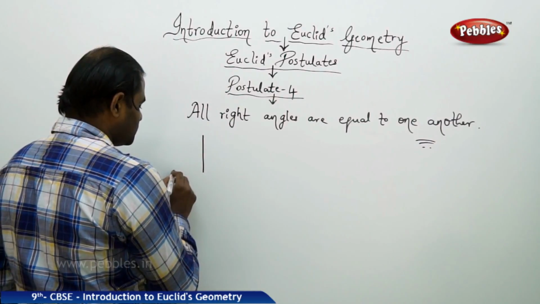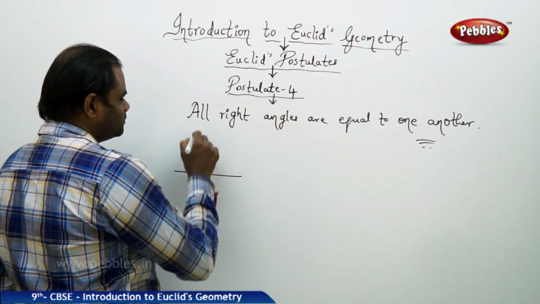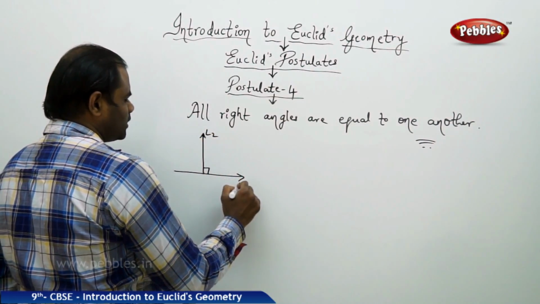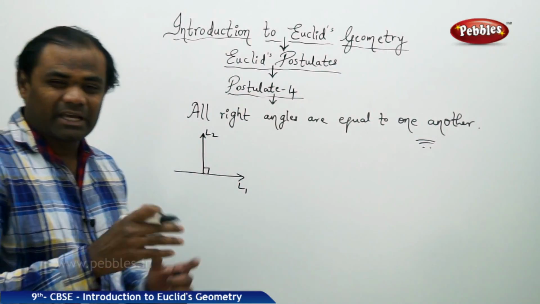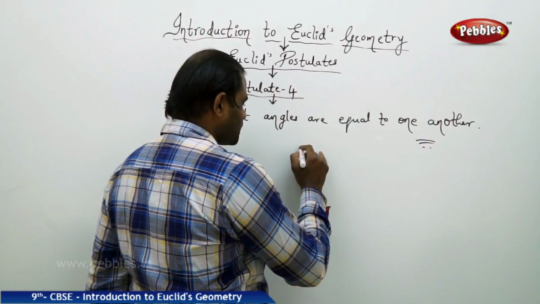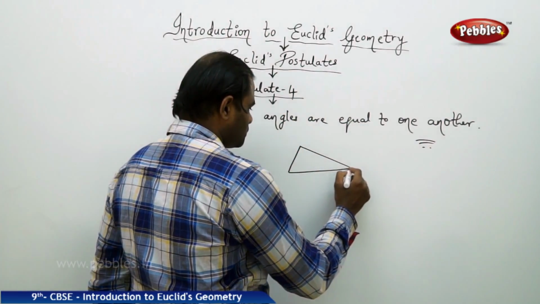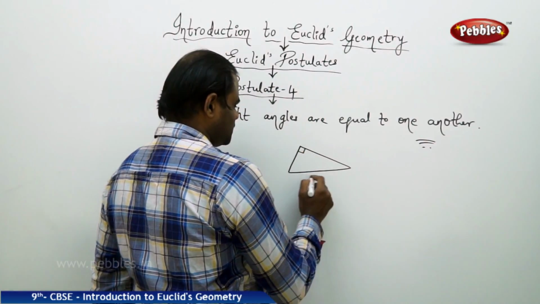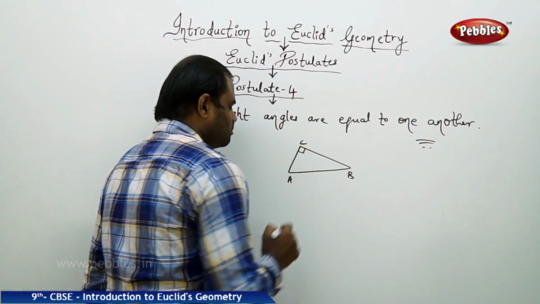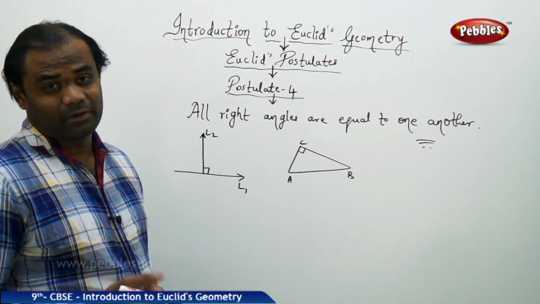Let me take a right angle which is measured here between the lines L2 and L1. Let me take another situation where I have a right angle, here between the sides BC and AC. Let me take one more situation where I have a right angle.